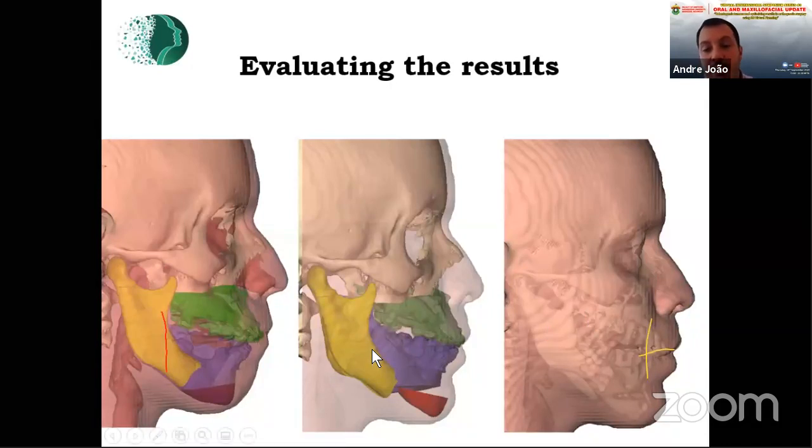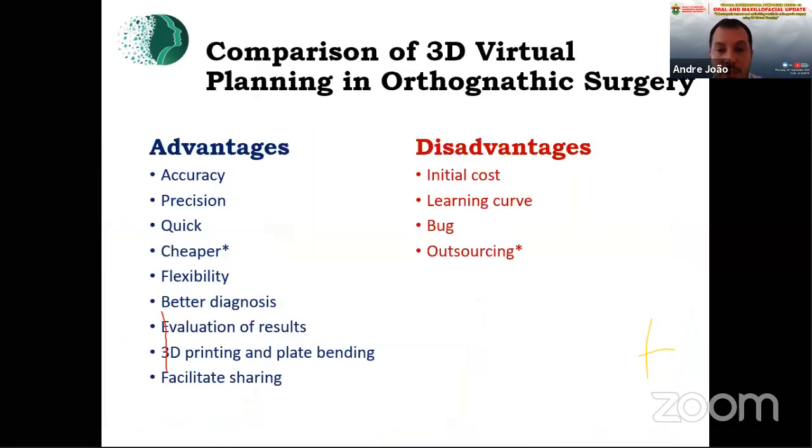So my final result is very similar to what I planned, which tells me that this virtual planning is a reliable tool to plan this surgery. So when we compare 3D virtual planning with the traditional one, I can see some advantages in terms of accuracy and precision.